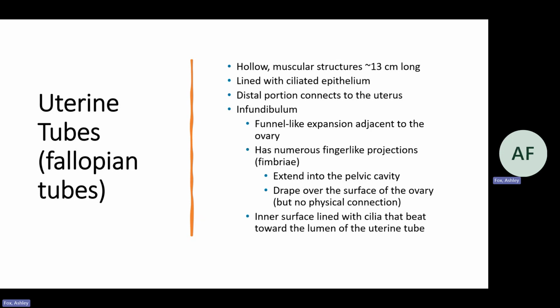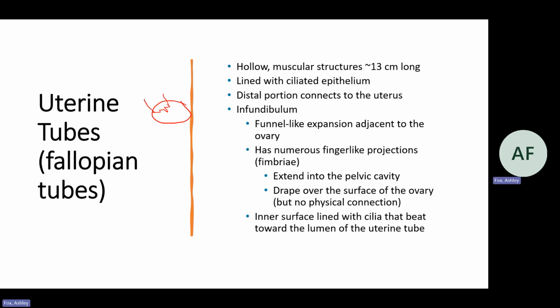The uterine tubes are lined with cilia because they're going to help move things along. And we have a part that's called the infundibulum. So we have the ovary, and we have the widening and the catching part of the uterine tube.